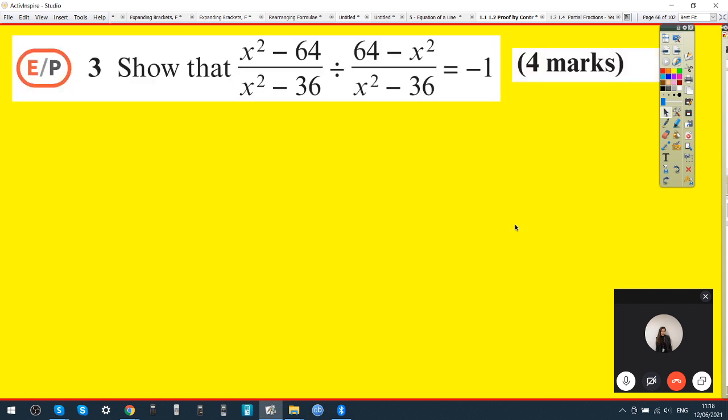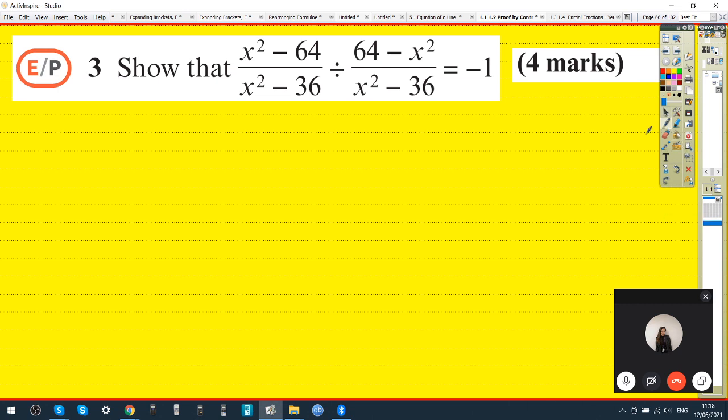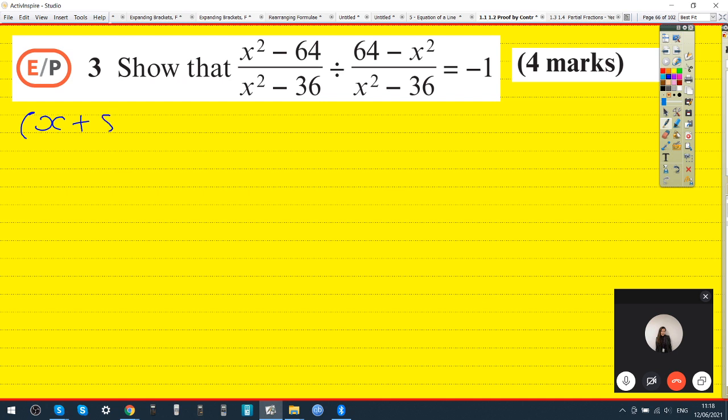It's just difference of 2 squares, I think. How else can you write x squared minus 64? X plus 8, x minus 8. How about the other one, 64 minus x squared?